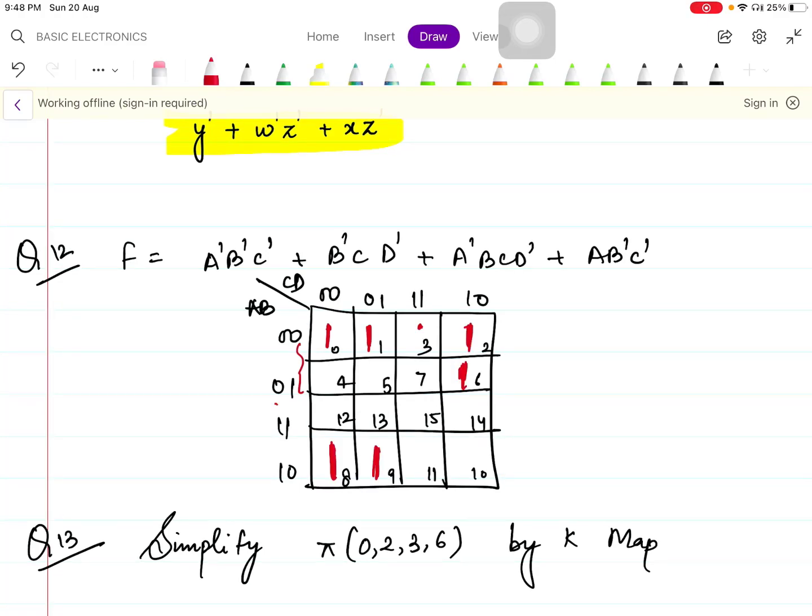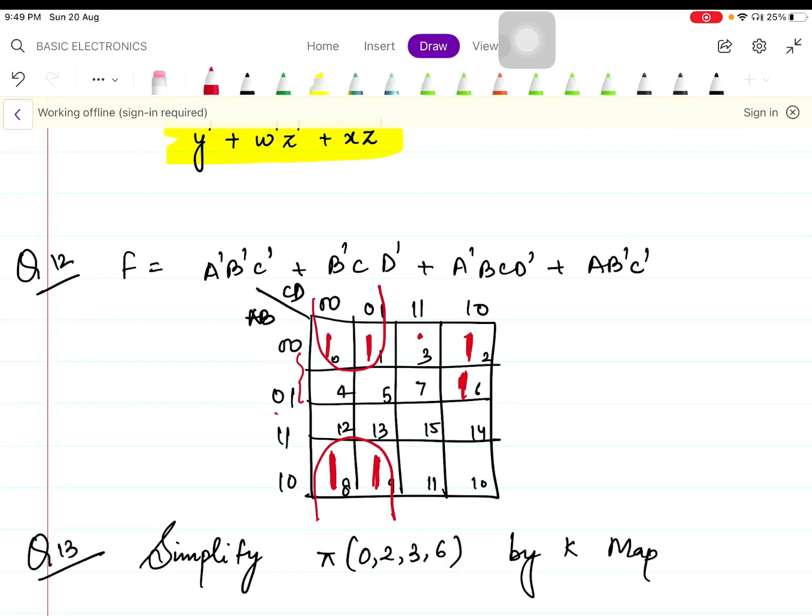Now let's start grouping. So the first group that will be made over here is this and this, a group of 4, because we first of all searched for a group of 16. We did not find it. Then a group of 8, not possible. Then a group of 4, that was possible. Now this is the first group. Now we have to only bother for the ones which are left outside the group, that is cell number 2 and 6.